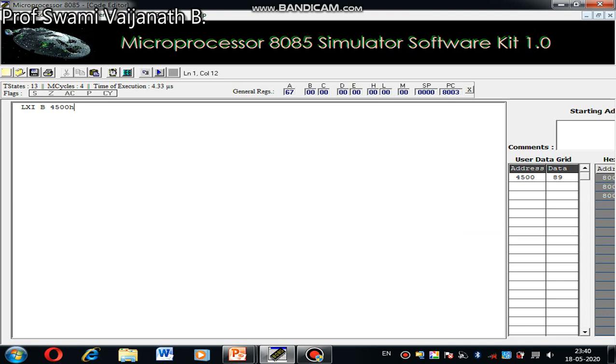Then I give the instruction LDAX B. What happened? The content of the BC address is loaded in A. Look here, A is equal to 89H.